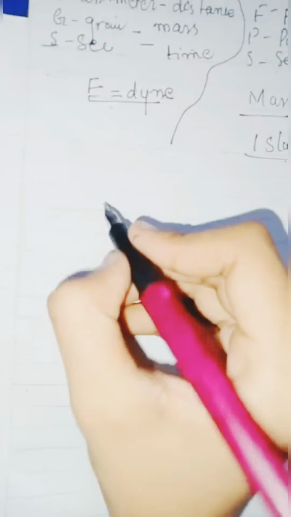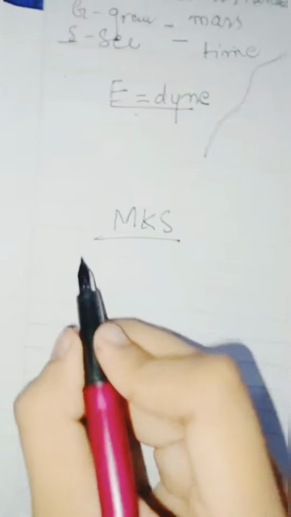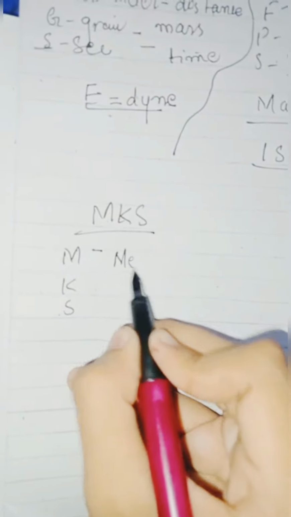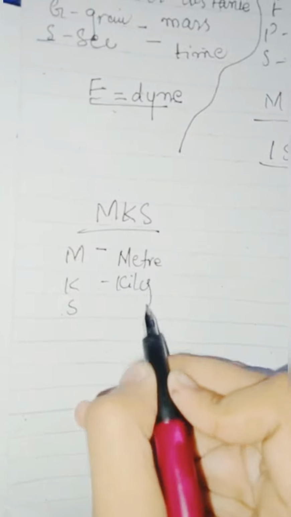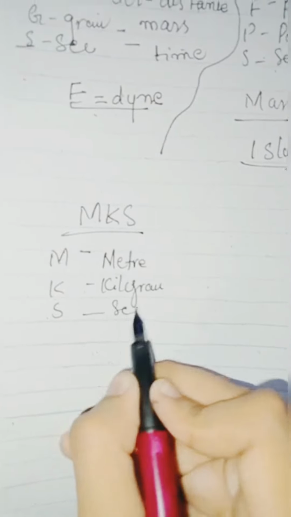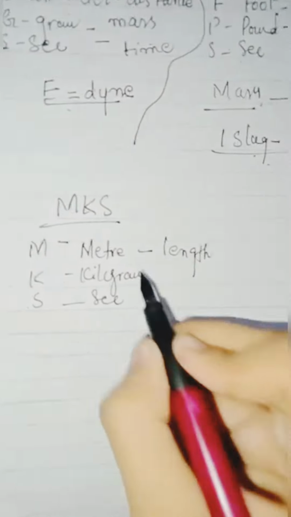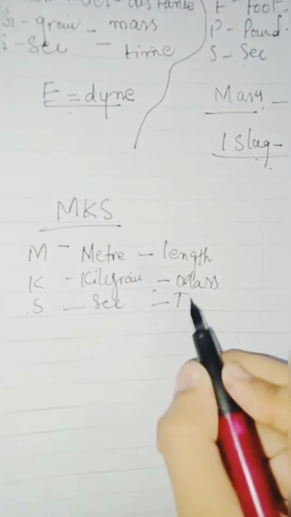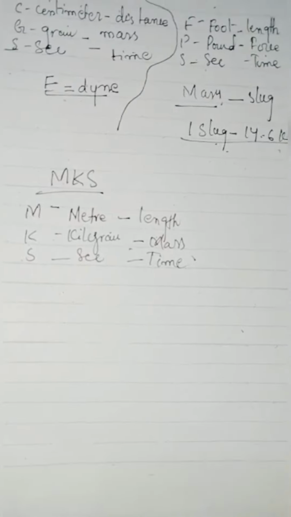Now we have another system, that is MKS system: meter, kilogram, second. The unit of length in MKS system is meter, the unit of mass is kilogram, and the unit of time is second. These three are the fundamental quantities.